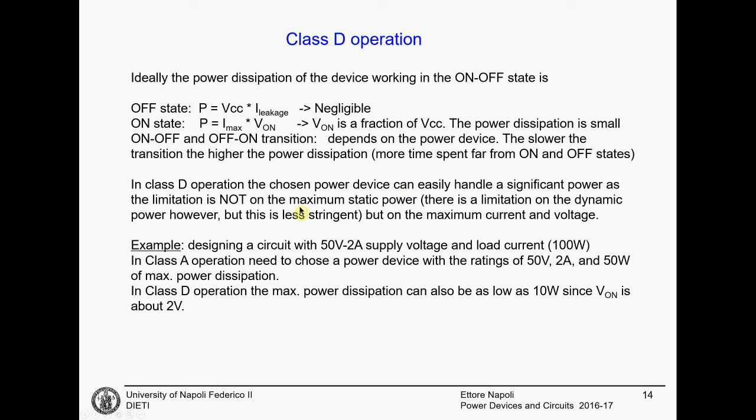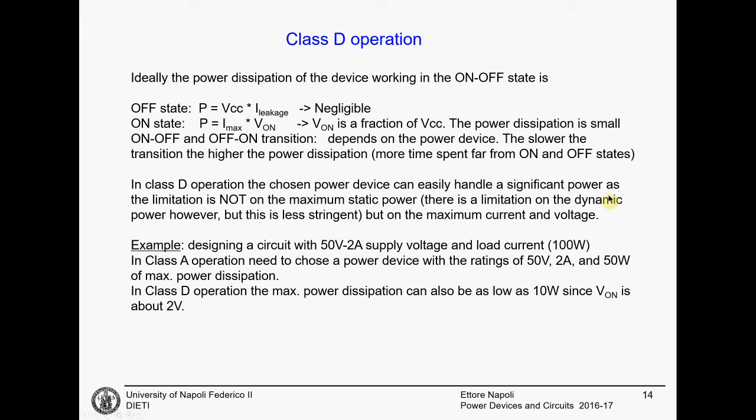Very often you can increase the power that you can drive and handle with a given power device working in class D operation, because the limitation is often not the maximum static power that you dissipate, because the device is not working in a static condition.